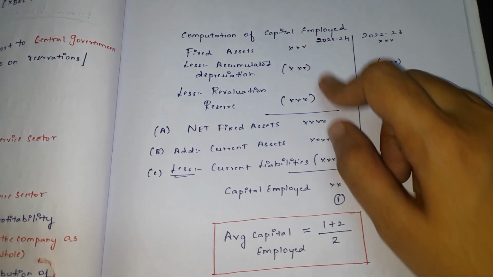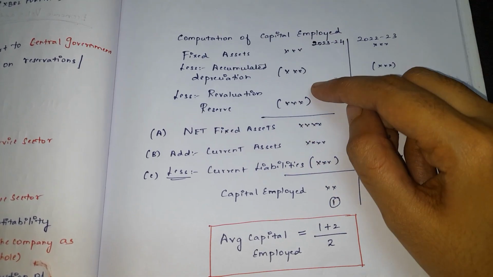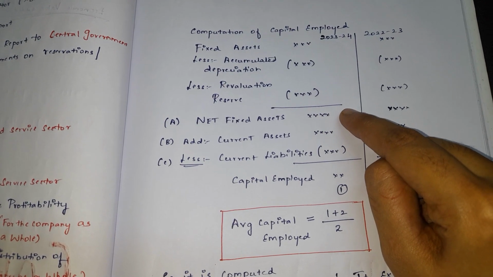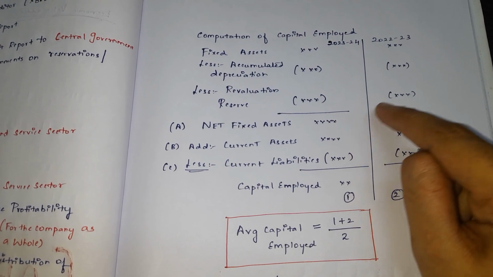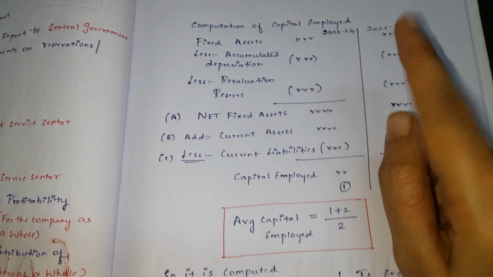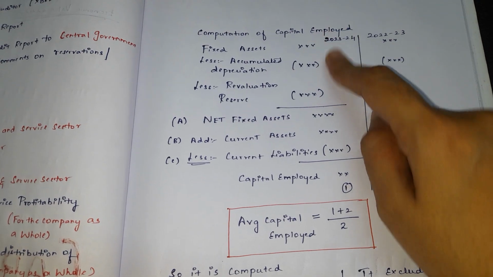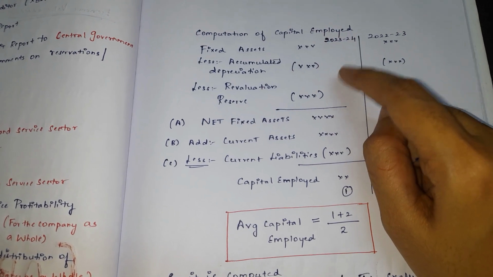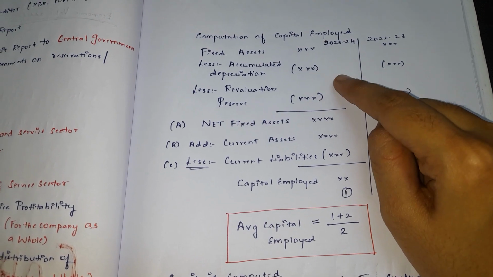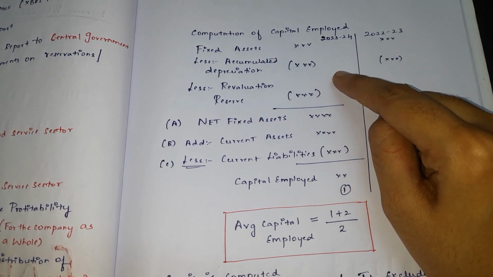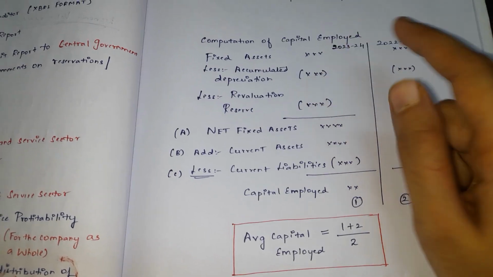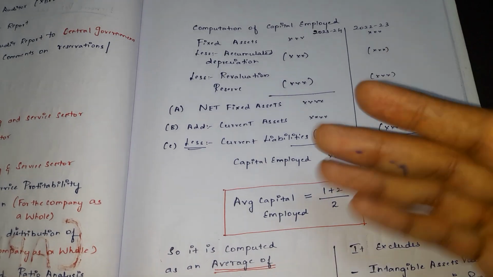So we will be considering the carrying amount of the fixed asset. When it comes to fixed asset, a doubt arises: do we have to include intangible fixed assets as well? The answer is no. These are the assets that help me in operating activities, but intangible assets, of course, exhibit the company's value, but they are not employed or invested into the business.